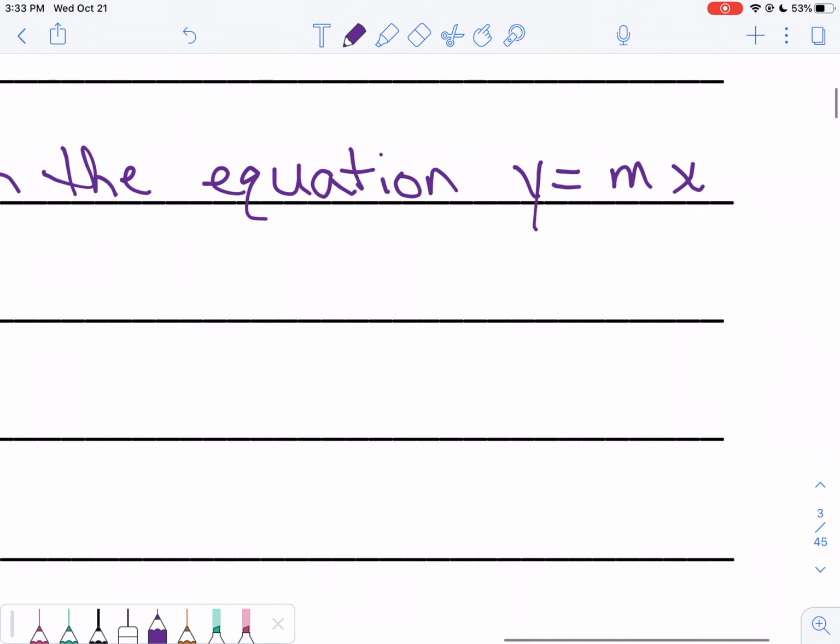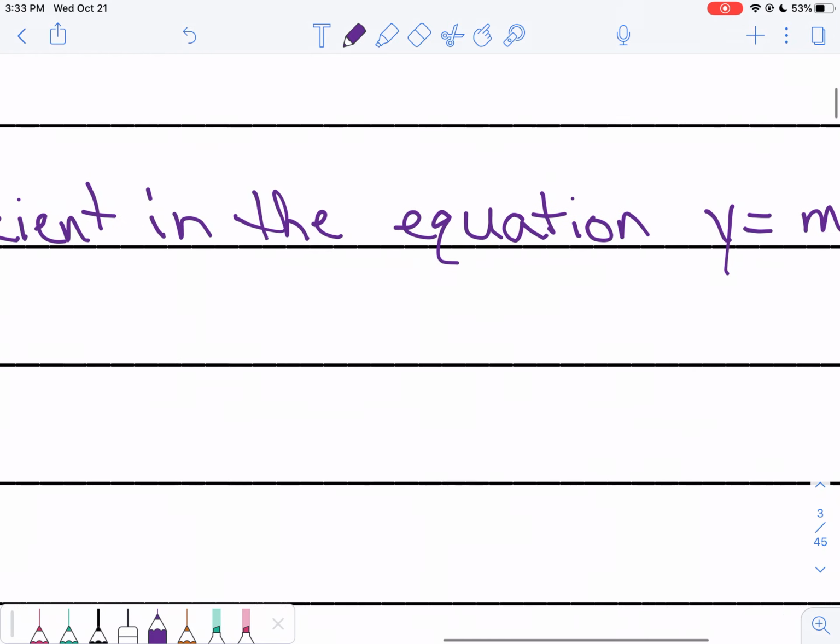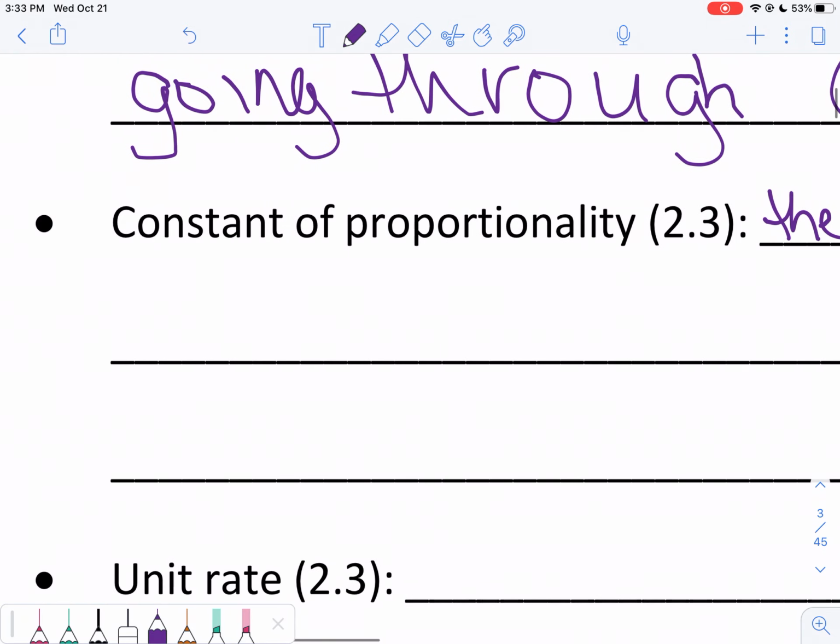Okay, and we can also call that the unit rate.